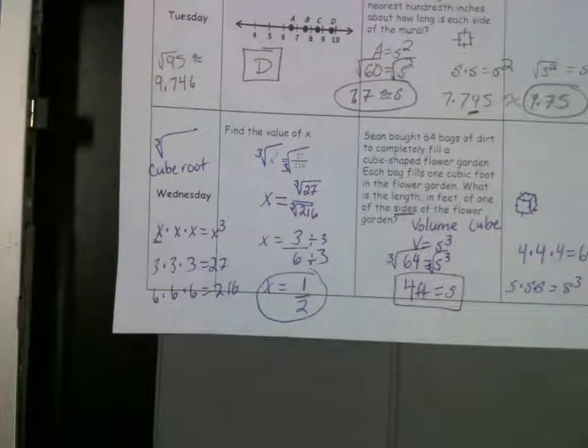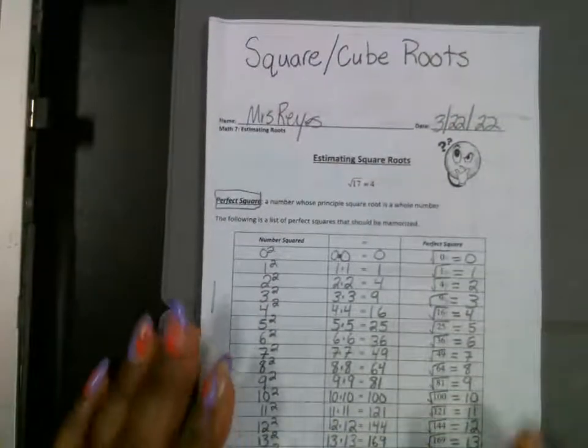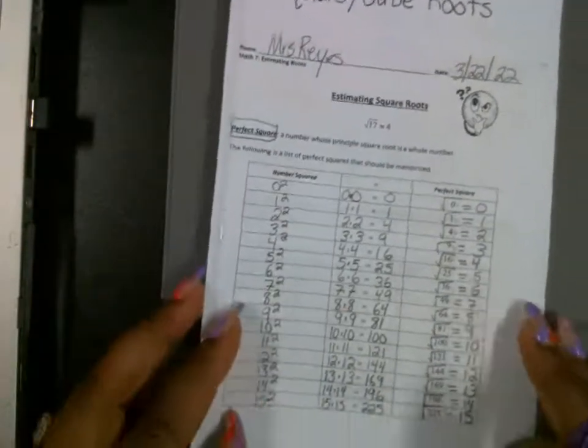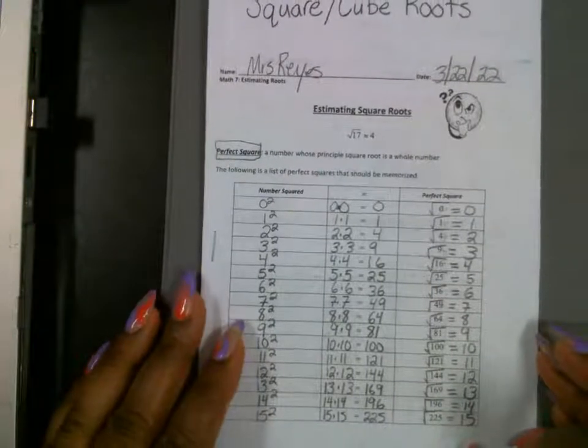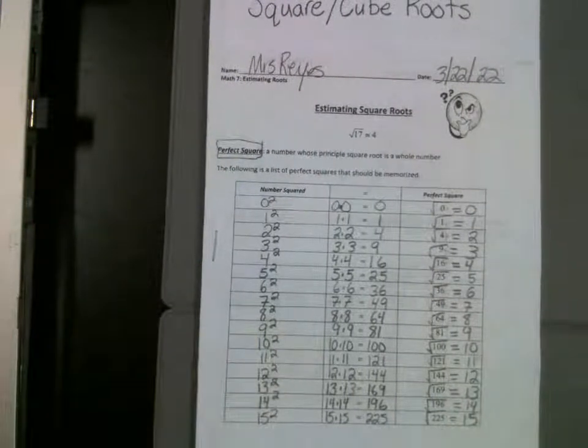Okay, I'll pause again. All right, so take out this from yesterday, please. Yesterday, I gave you this booklet. And I told you that I'm going to give you a quiz on multiplying 1 through 12.